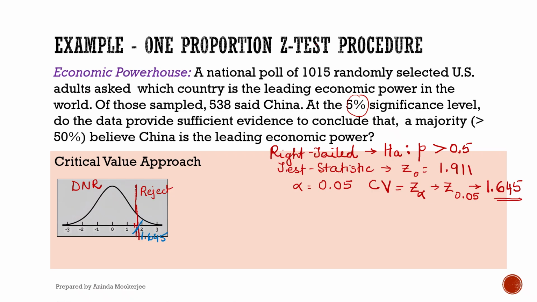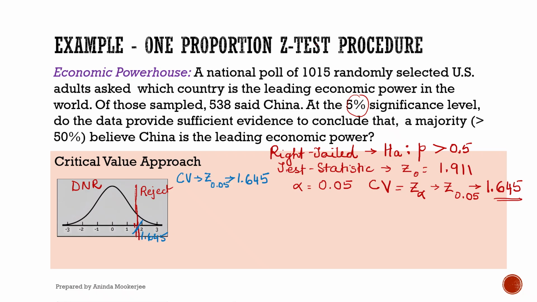That's the critical value. So the critical value, CV, I'm going to write that again, and you need to show all your work on your assignments and tests. So just write it. What is the critical value? It's Z of 0.05, and you can look up the table and see that it's a value of 1.645.